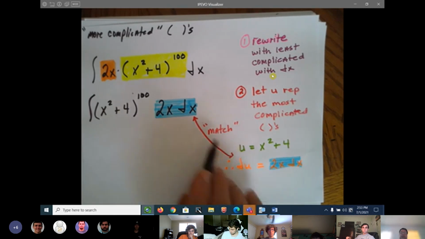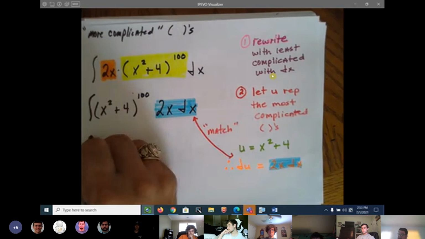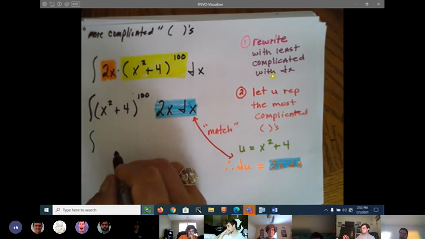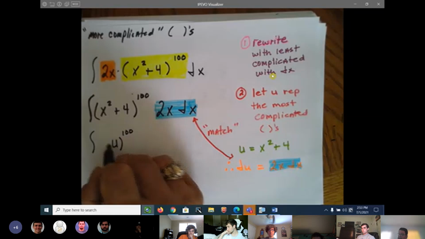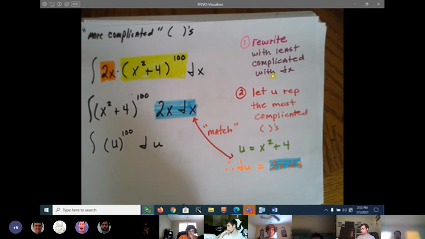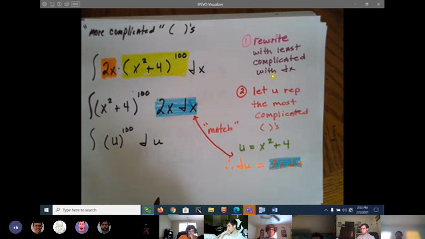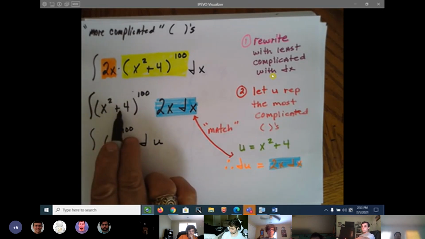This one matches. So technically, I have the antiderivative of u to the 100th power du. Yes or no? What's u? x squared plus 4.